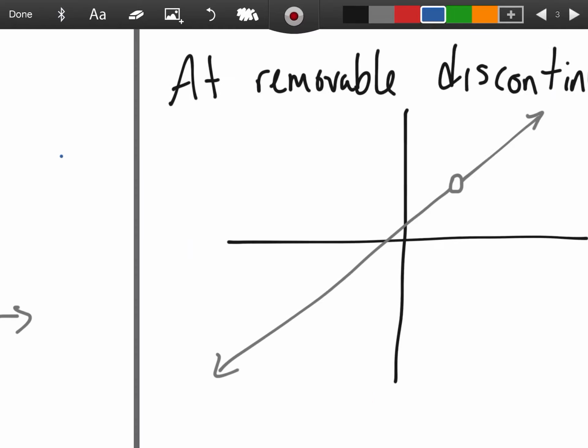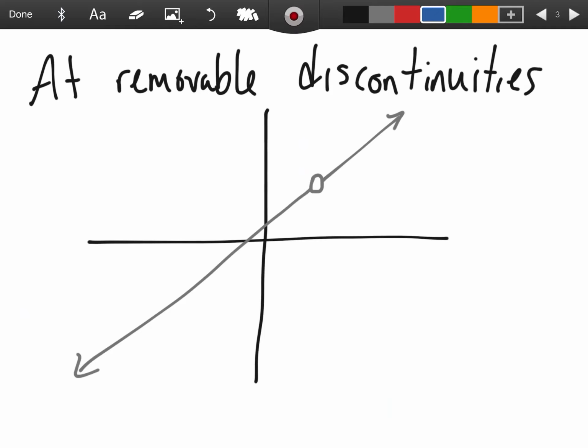discontinuity. And then at removable discontinuities, I know that I'm just approaching some value. It's not positive infinity or negative infinity. In this case, say that this resembles the line f of x equals x plus 2, except there's a hole at x equals 3, or a removable discontinuity at x equals 3.